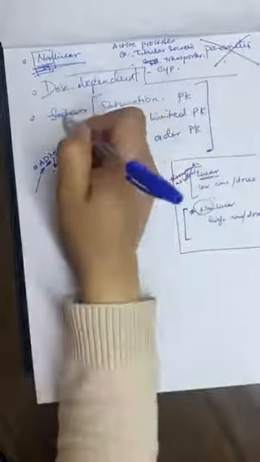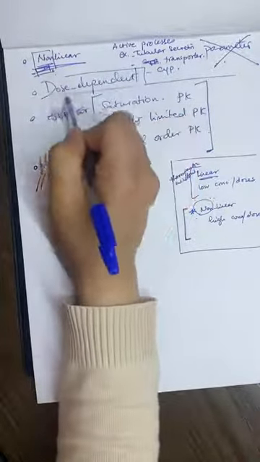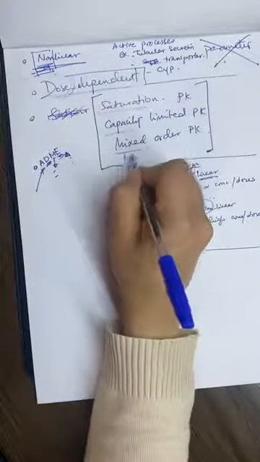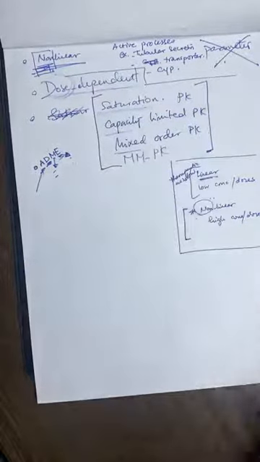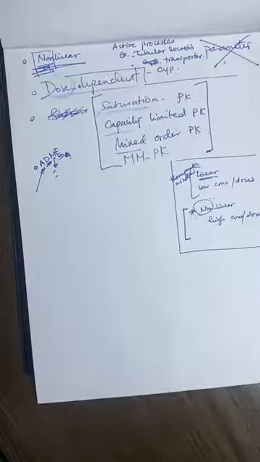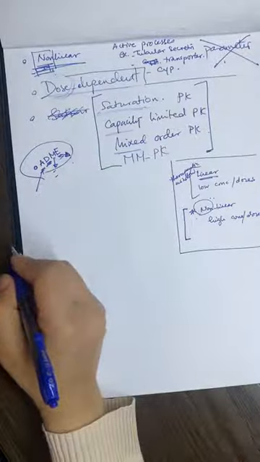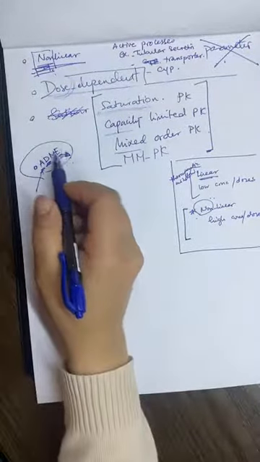Let's go back here. Again, we call it either dose dependent, because the parameters that we know are changing with the dose, saturable or saturation, capacity limited, mixed order kinetic, and Michaelis-Menten kinetic. And we will talk about the Michaelis-Menten equation in a second. As we said, it could involve any process in the kinetic processes, either one of them or a couple of them.